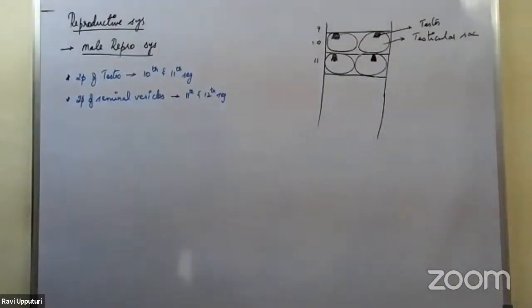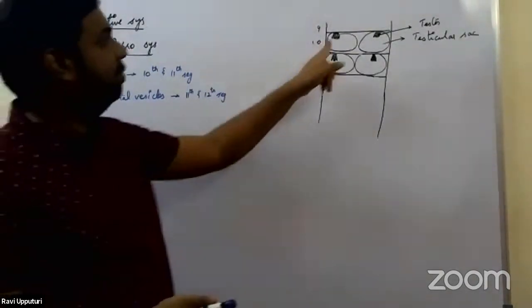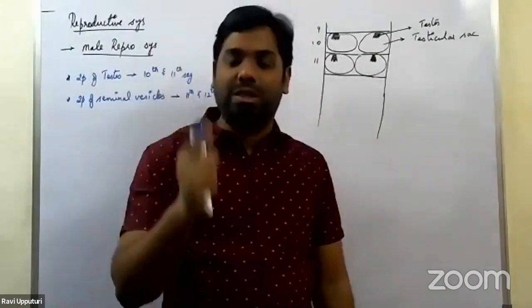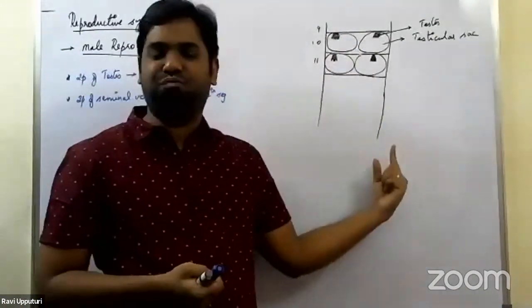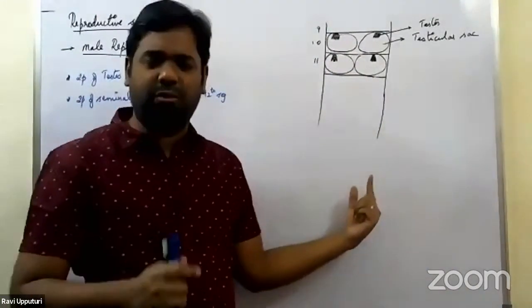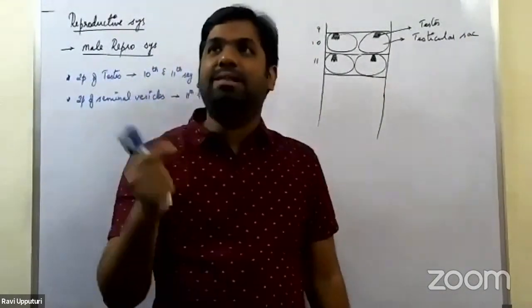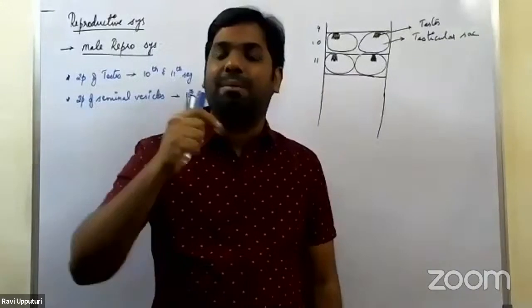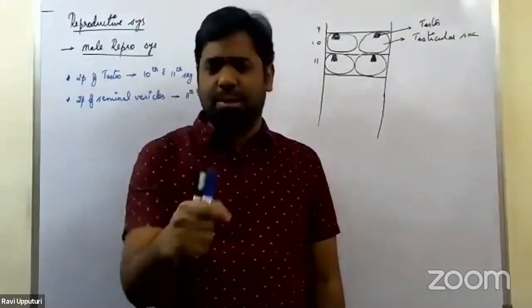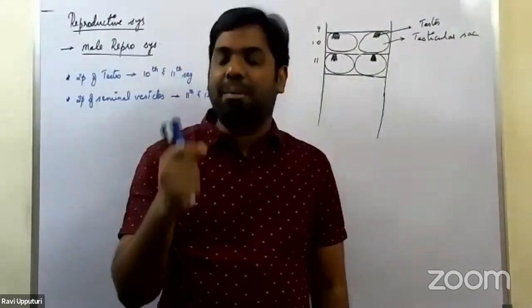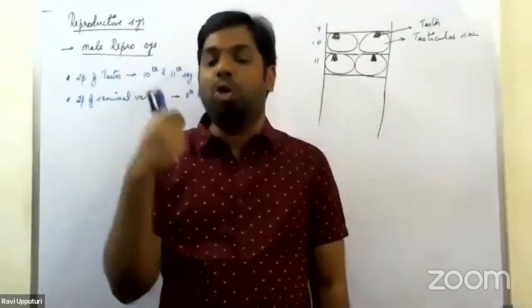Things you need to remember here: the testis of segment number 10 will have its seminal vesicle in segment number 11. Try to understand this carefully. Similarly, the testis of segment number 11 will have its seminal vesicles in segment number 12.